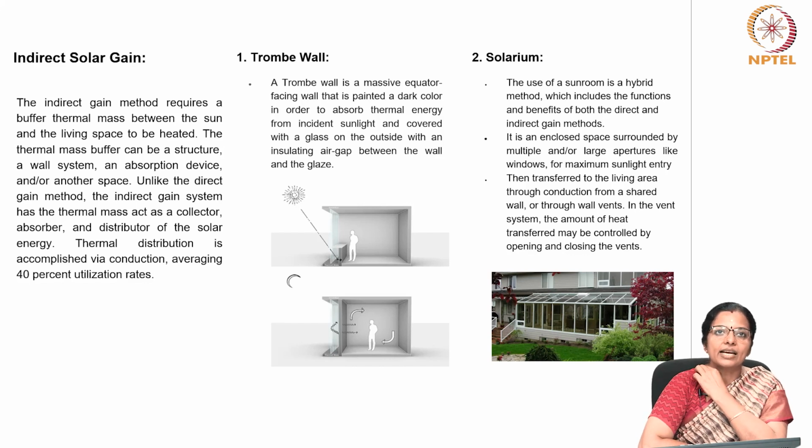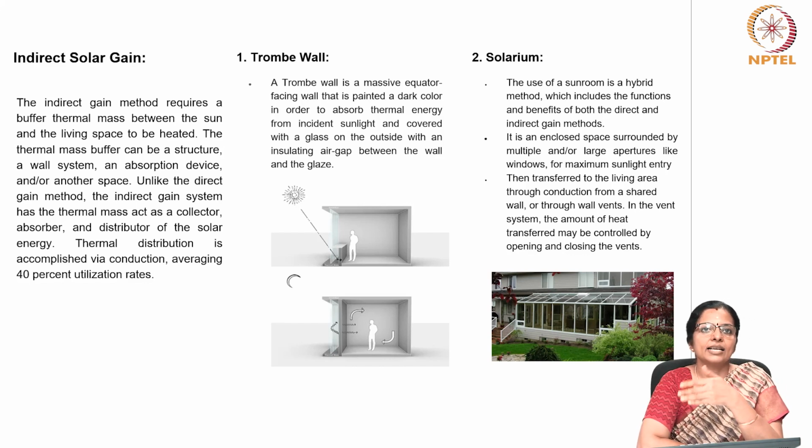Unlike the direct gain method, the indirect gain system has the thermal mass act as a collector, absorber, and distributor of the solar energy. Thermal distribution is accomplished through conduction, averaging 40% utilization rates.